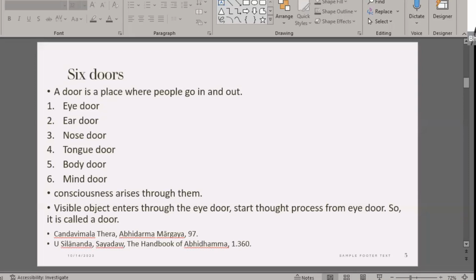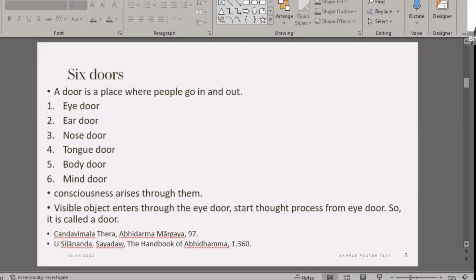Similarly, ear door, nose door, tongue door, body door, and mind door. There are 6 doors: eye door, ear door, nose door, tongue door, body door, and mind door. Why is it called a door?